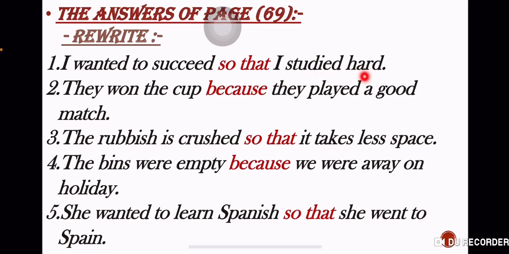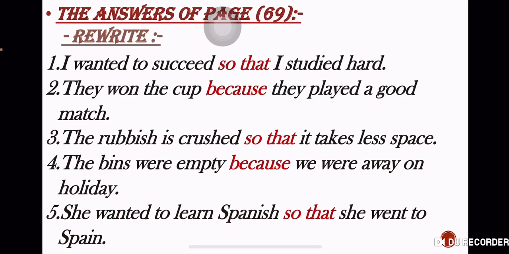Here are the answers of the questions we said before. The answers of page 69. Number 1. I studied hard so that I wanted to succeed. Number 2. They won the cup because they played a good match.